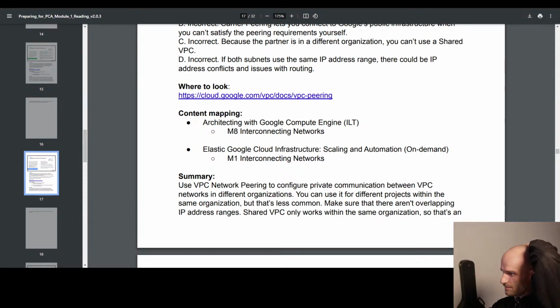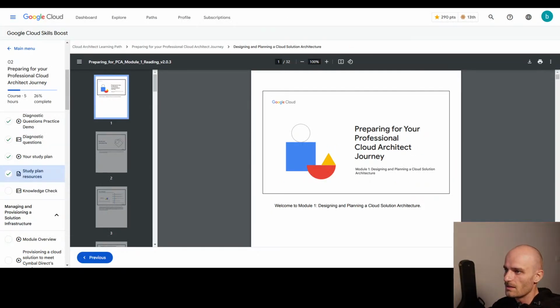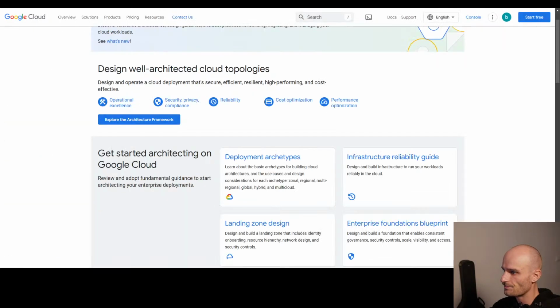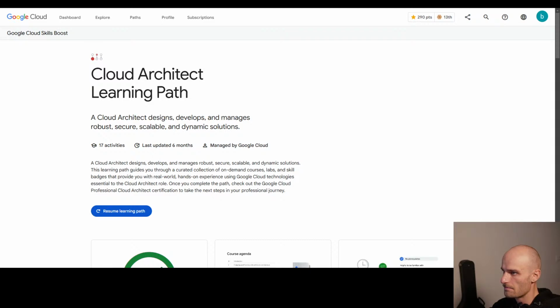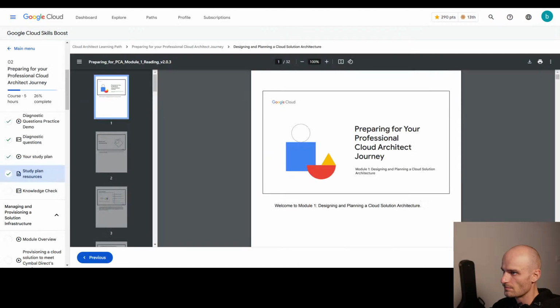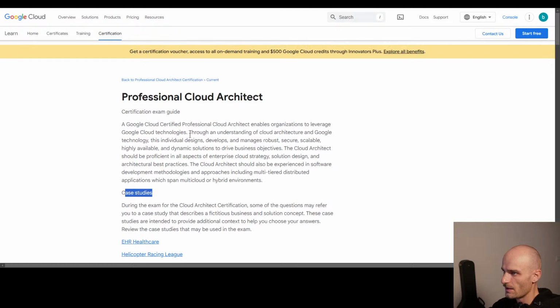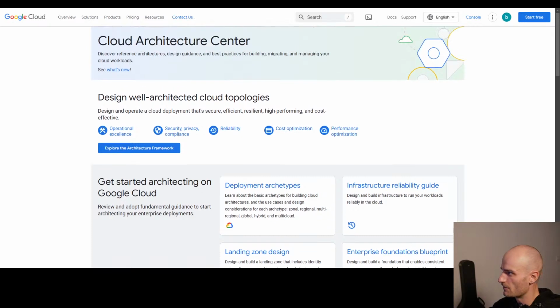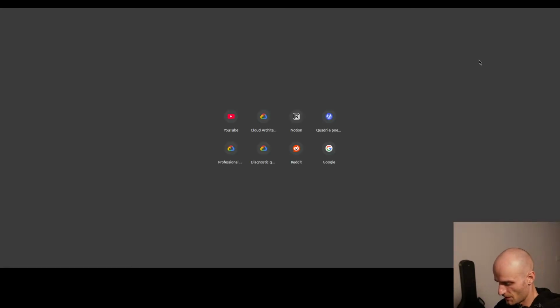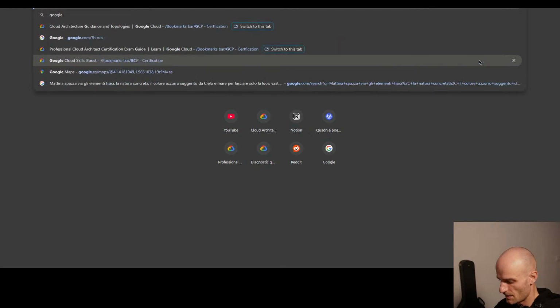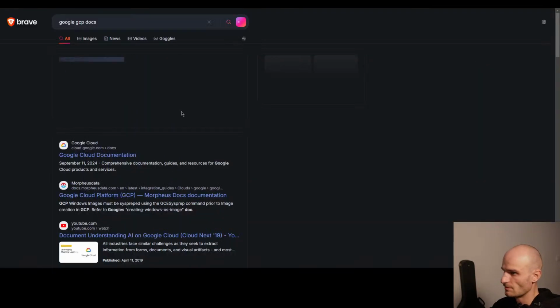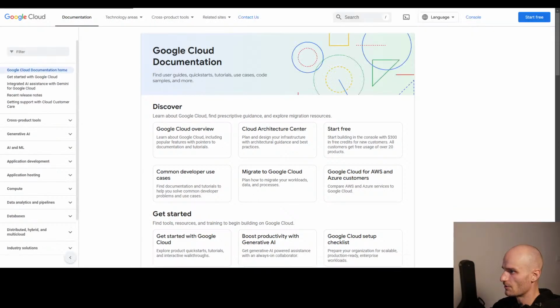I mean, here I have the study plan resources. Here I have the exam guide. Here I have the architecture resource and Google Docs, GCP Docs, Google Cloud documentation.